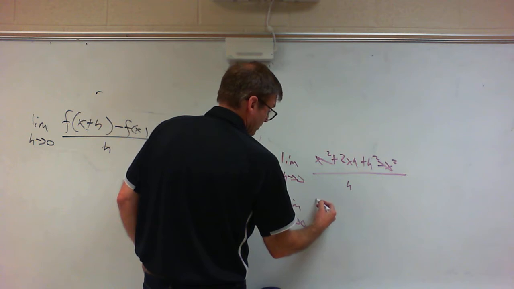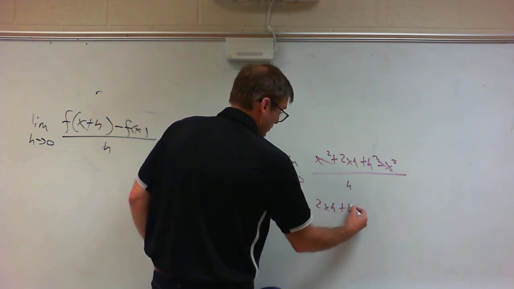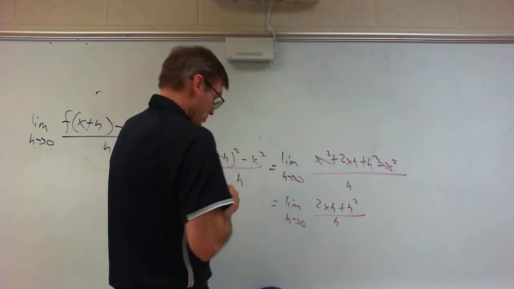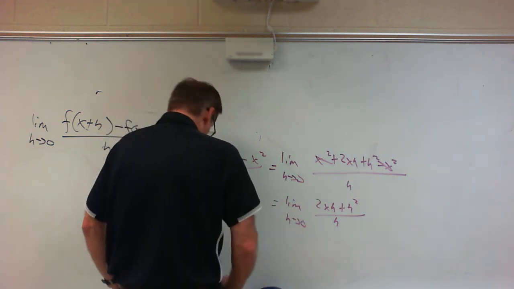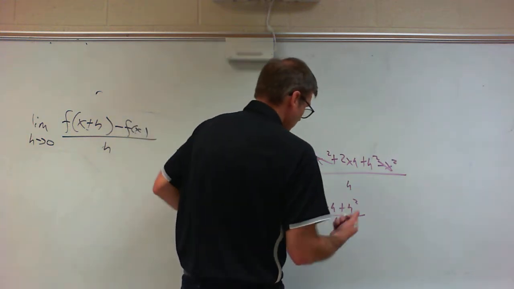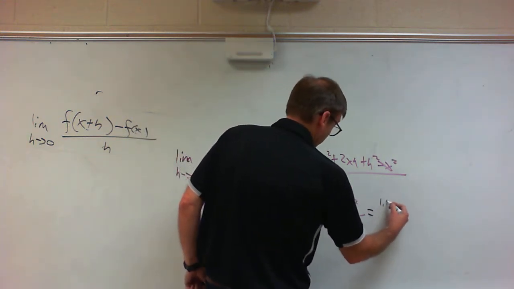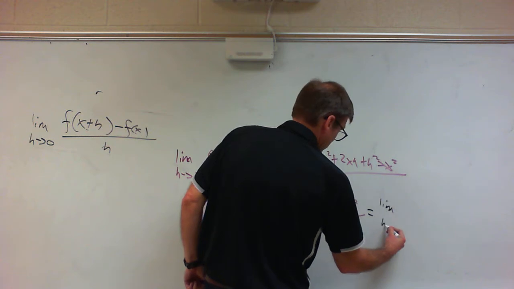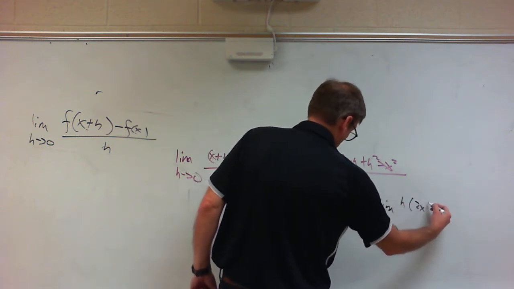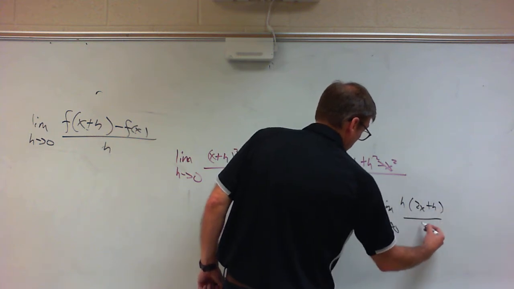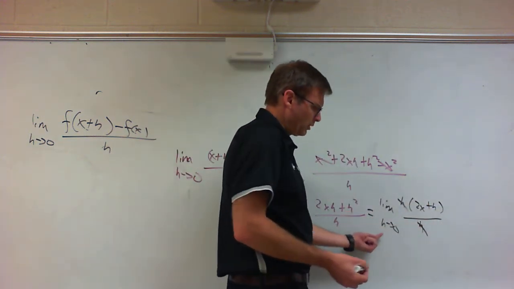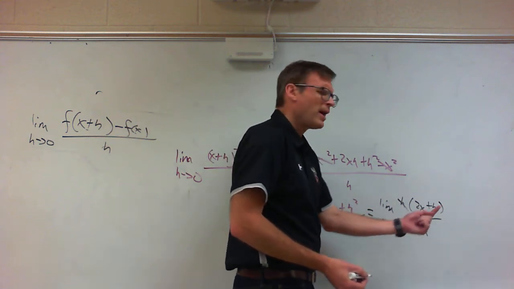I end up with 2xh plus h squared, all over h. And this is going to give me the limit as h goes to 0. I'm going to factor out an h, so I get 2x plus h, all over h. I can cross the h out. And then when I plug in h equals 0, this goes away.